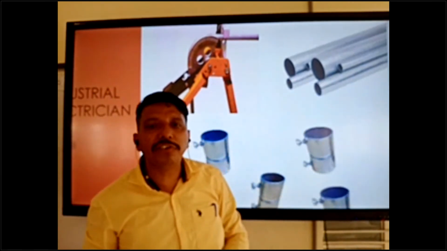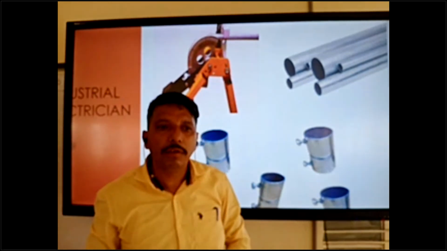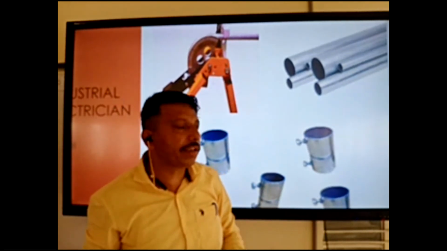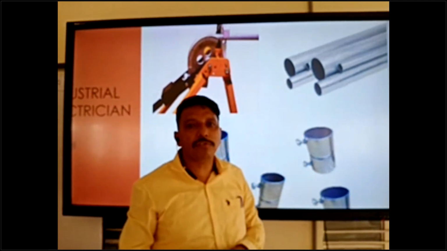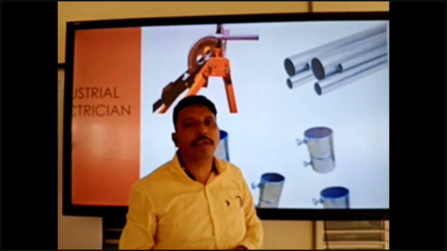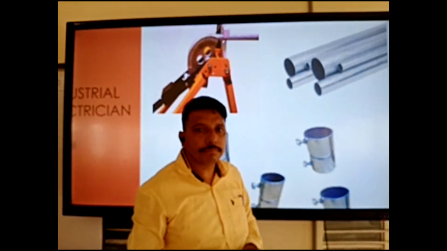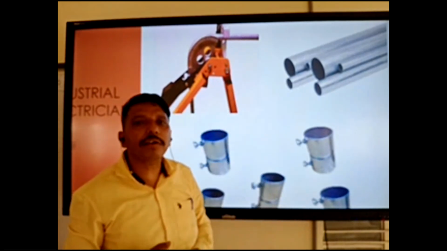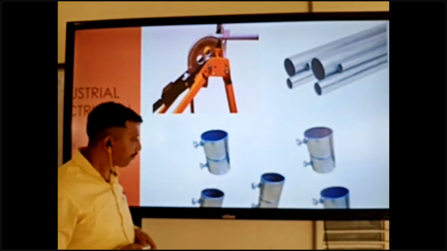Like our staircase, where we use standard steel pipe for railing support, the same material is used to make EMT pipe also. Same material, no rust coming. This is made of standard steel.